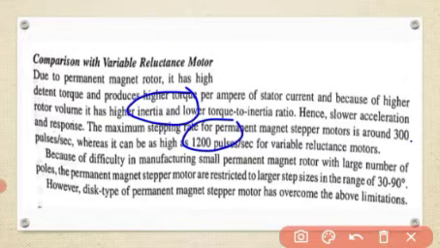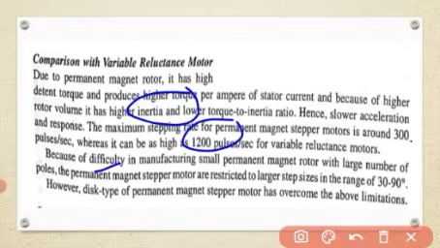Why is that? Because of the difficulty in manufacturing a small permanent magnet rotor with a large number of poles. In the rotor we need to put the permanent magnet, so it is very difficult to introduce a large number of poles.